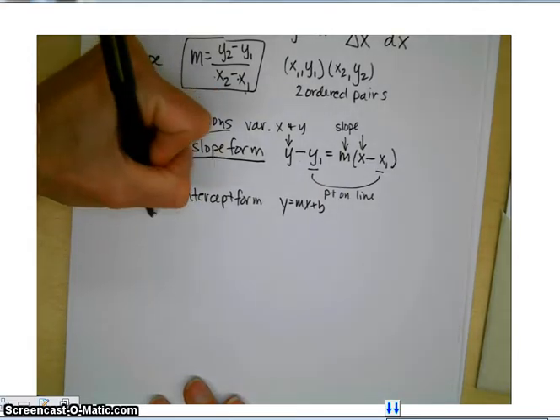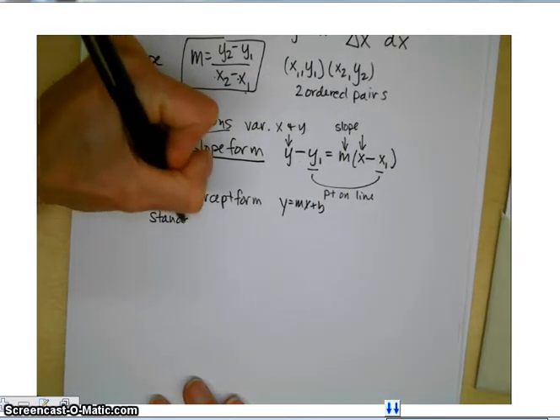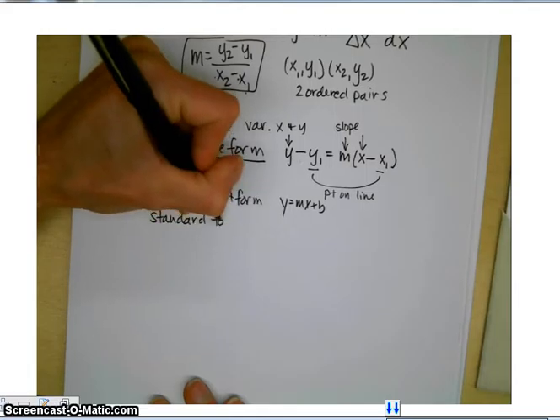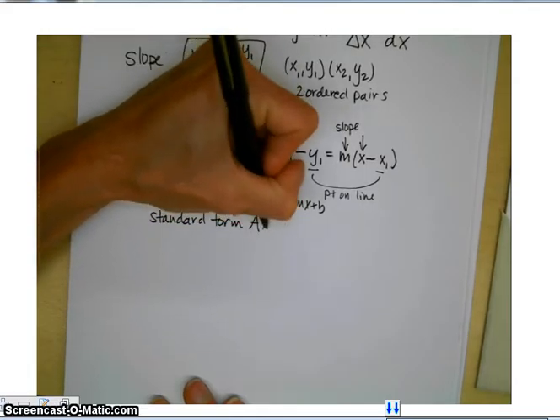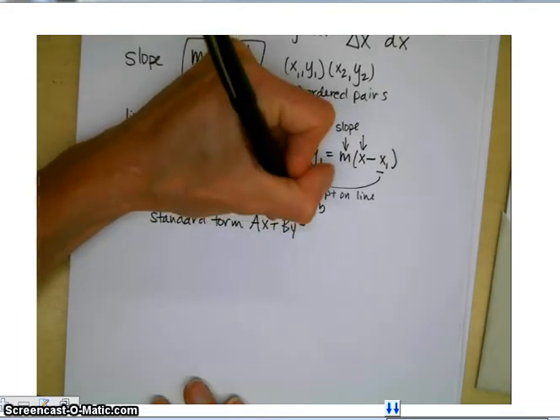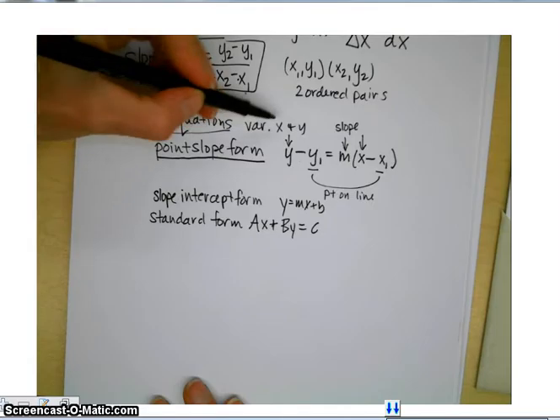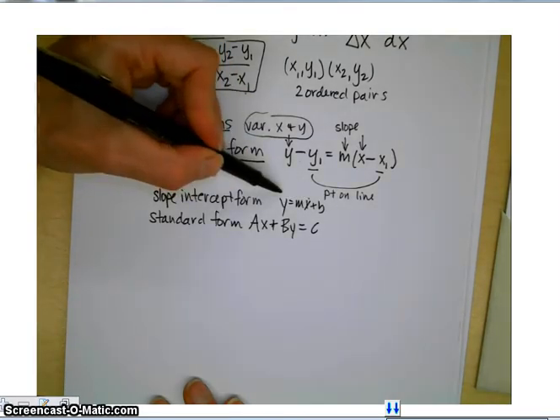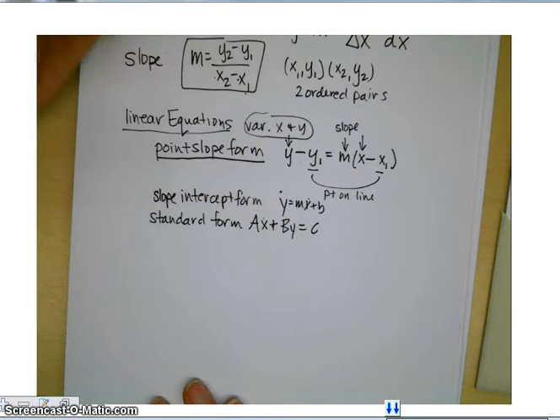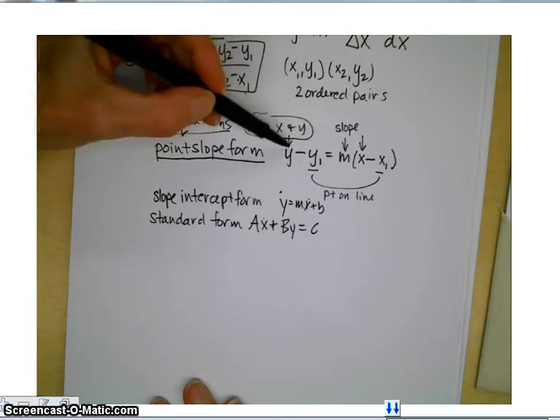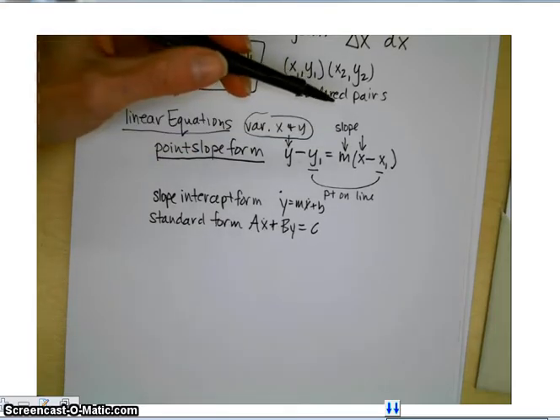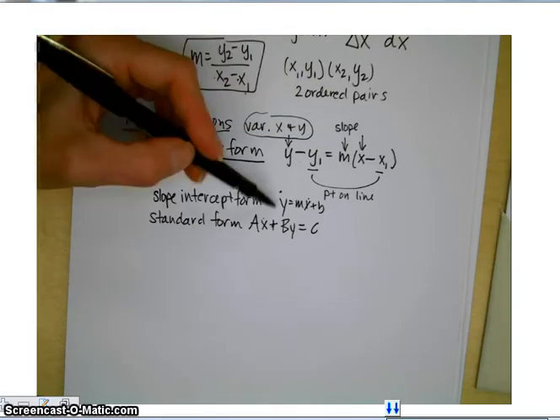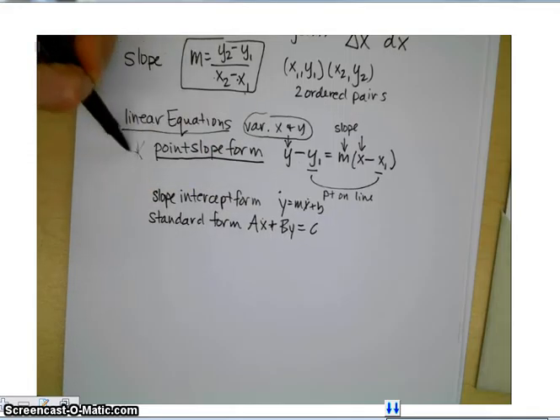And then standard form: capital A x plus capital B y equals C. The variables are always x and y. So the variables in the slope-intercept form are x and y, the variables in the standard form are x and y, and the variables in the point-slope form are the x and the y without the ones at the bottom. These are nice, but this one's the best.